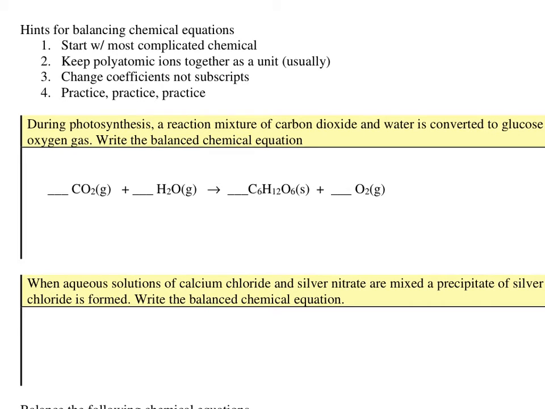So let's start with our glucose here. If we have 1 molecule of glucose, that means we have 6 carbon atoms. So we're going to need 6 CO2 molecules because the only place carbon exists in the reactants is in CO2. 12 hydrogens means that we're going to need 6 water molecules.